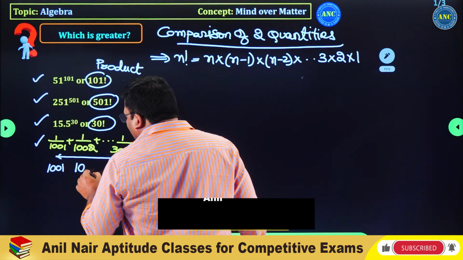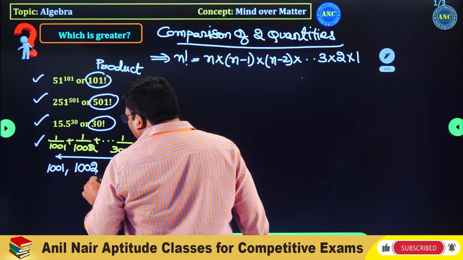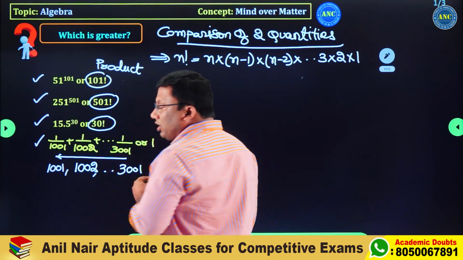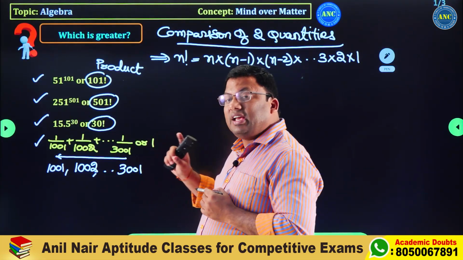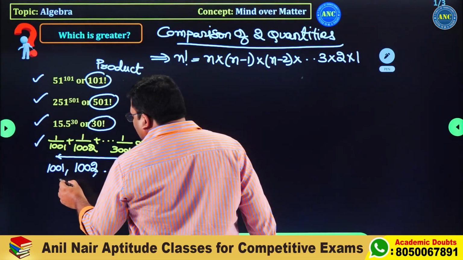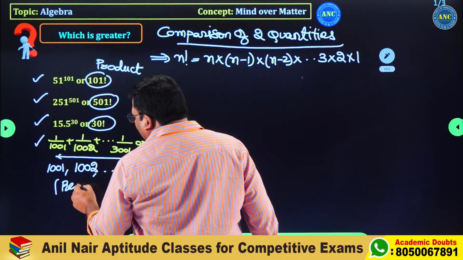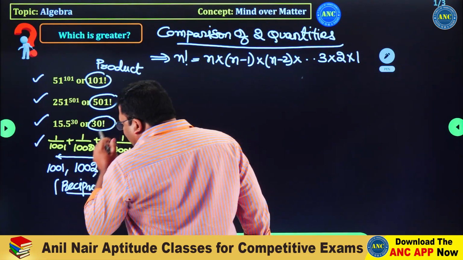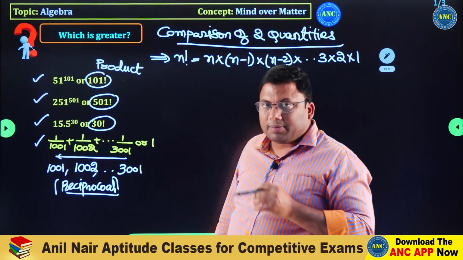The reciprocal of 1002 is 1 by 1002. The reciprocal of 3001 is 1 by 3001. That means it is the reciprocal of the numbers 1001, 1002 and so on up to 3001. This is the first observation.